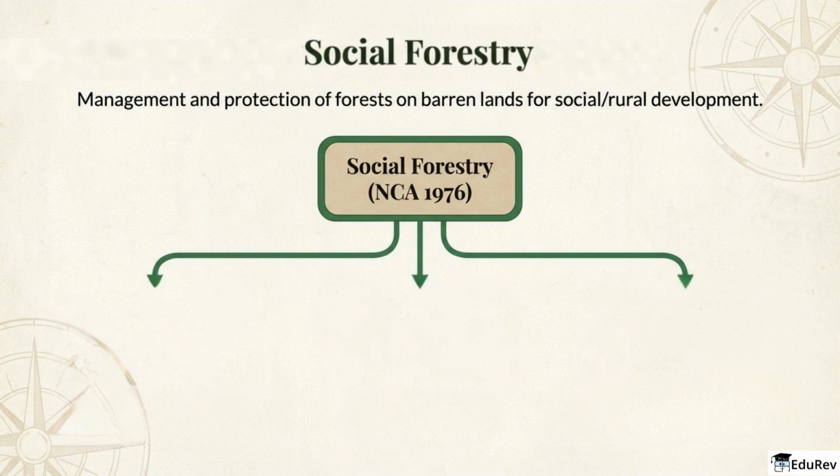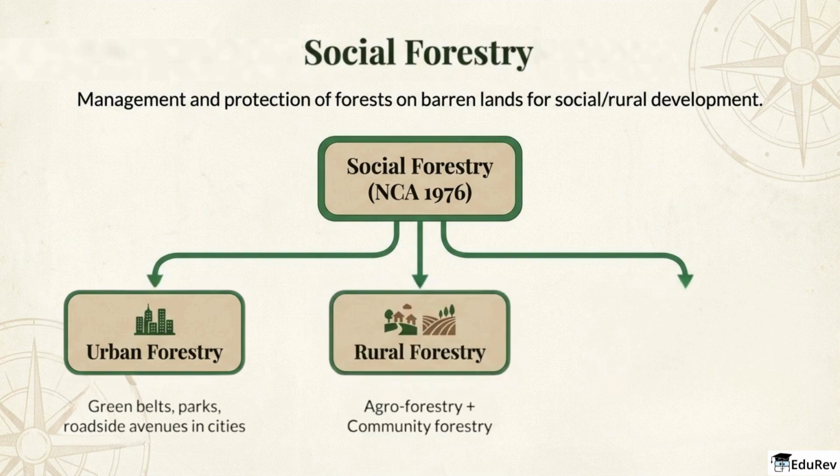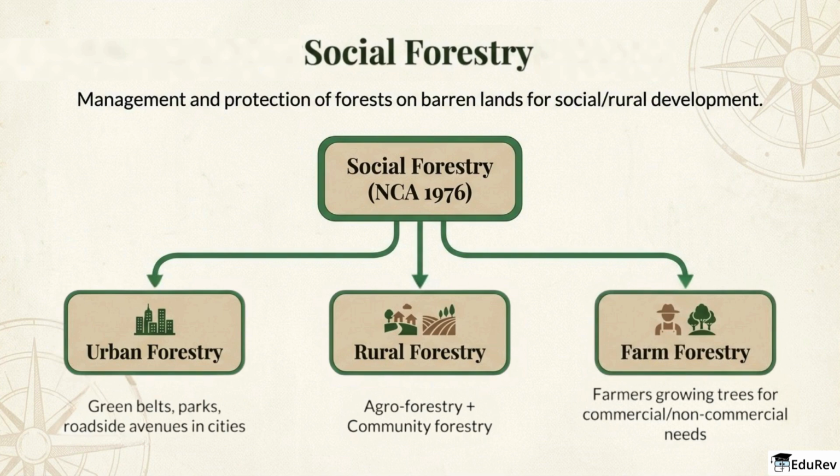It branches into three types: urban forestry, green belts, parks, roadside avenues in cities; rural forestry, which includes agroforestry and community forestry; and farm forestry, where farmers grow trees on their own land for commercial or non-commercial needs. Do not reduce social forestry to planting trees. That is too shallow. It is about location, ownership, and social purpose.